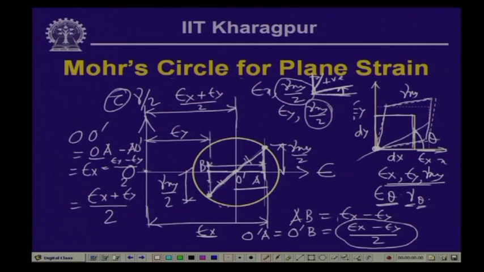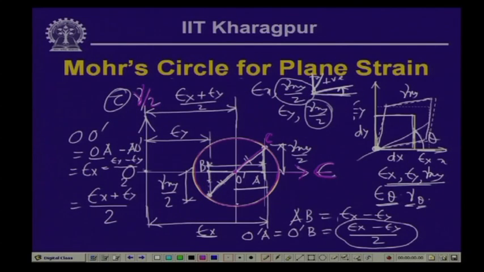Now, if we take this O dash as the center and O C as the radius, and plot a circle, we eventually get the circle which we call the Mohr circle for strain, wherein the axis in the x direction corresponds to epsilon, and the axis in the y direction corresponds to gamma by 2.